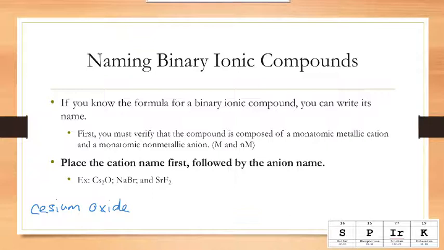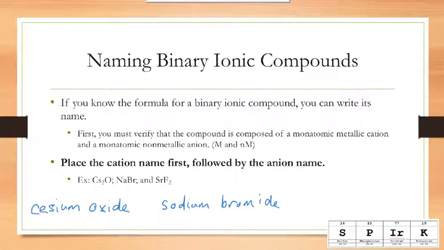When we name NaBr, sodium is going to be our cation because it's a plus 1 charge. So we write sodium bromide, because remember, when we're naming negative ions, or anions, we're going to cut off the ending and make it -ide.